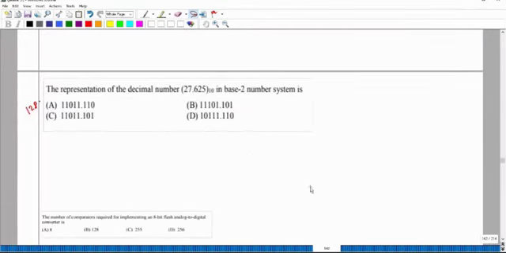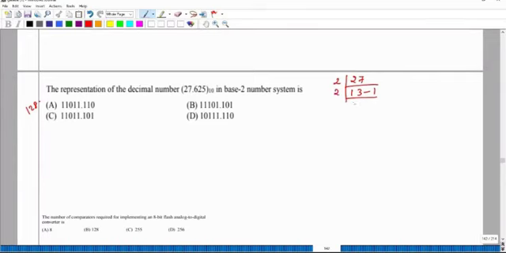So what is the decimal representation of that number 27.625, base 2? First you have to take this number 27 and divide it by 2. So you get 13, and 13 into 2 is 26, remainder 1.